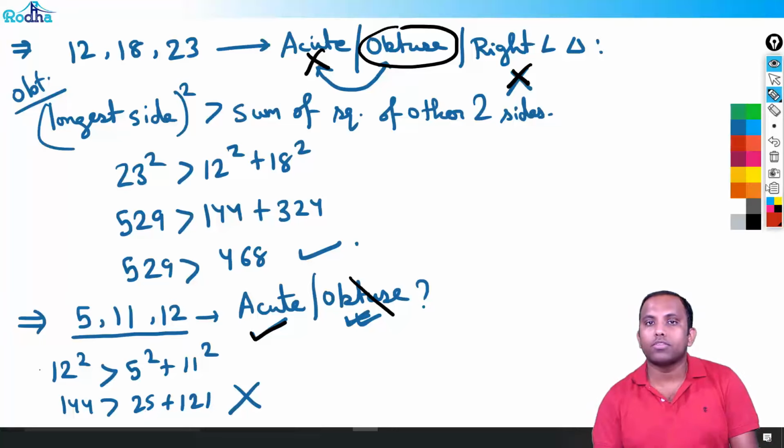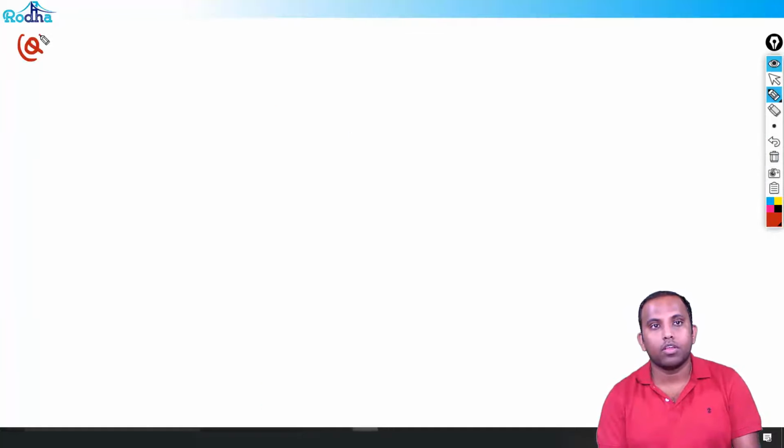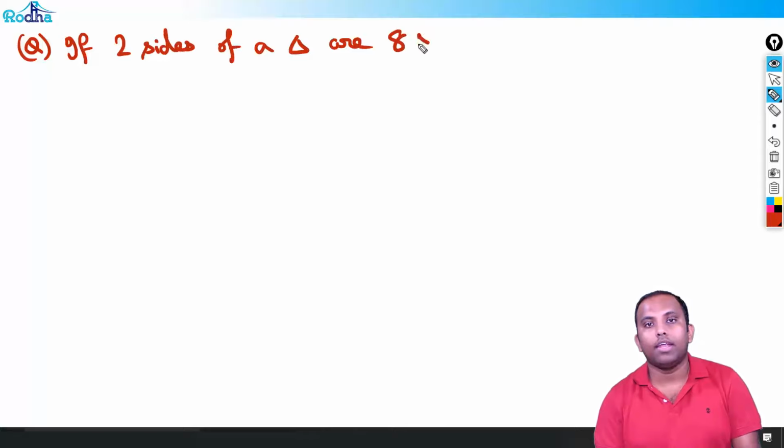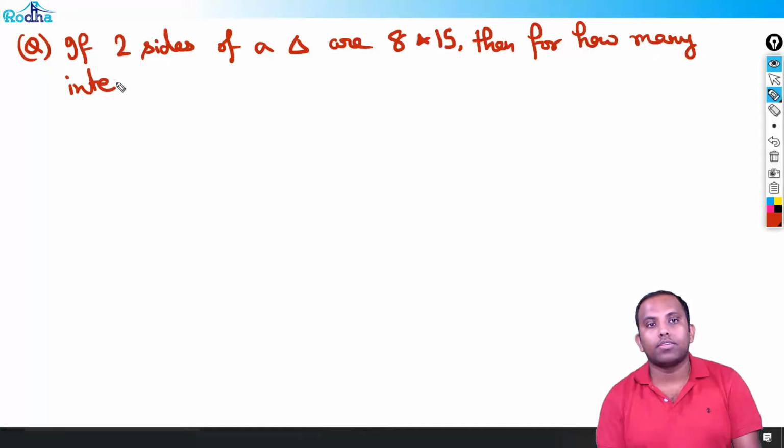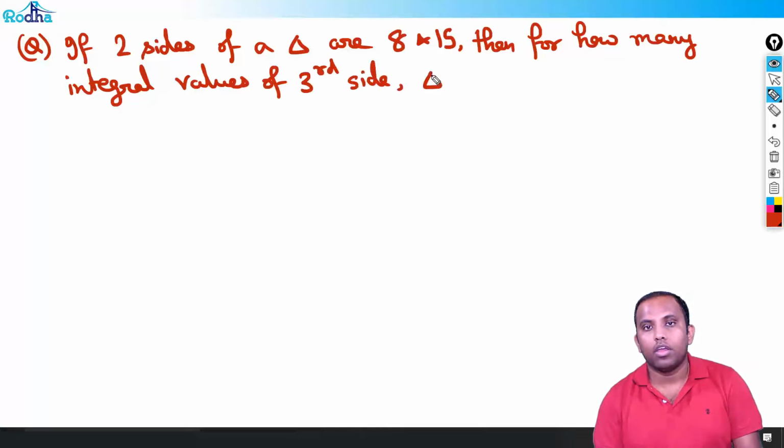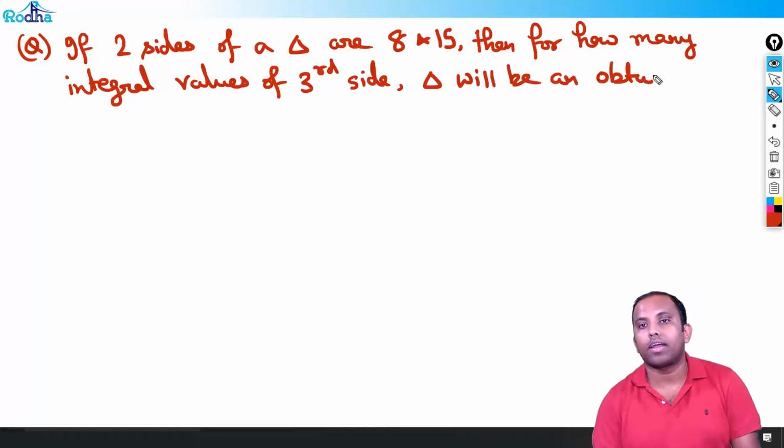Okay, let's do some questions now. Question: if two sides of a triangle are 8 and 15, then for how many integral values of the third side will the triangle be an obtuse angle triangle?